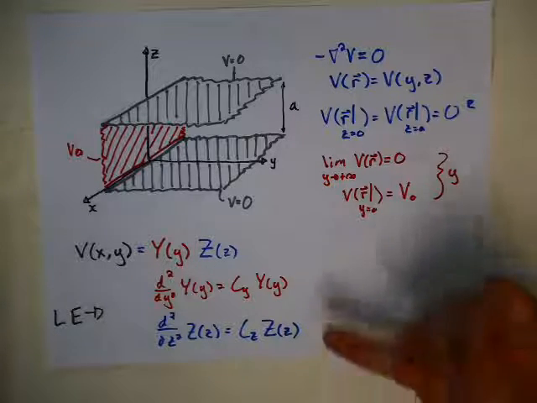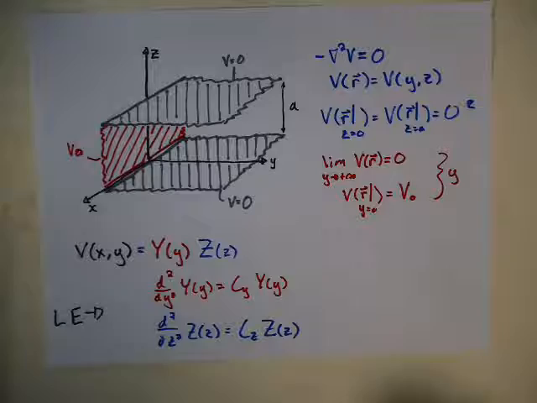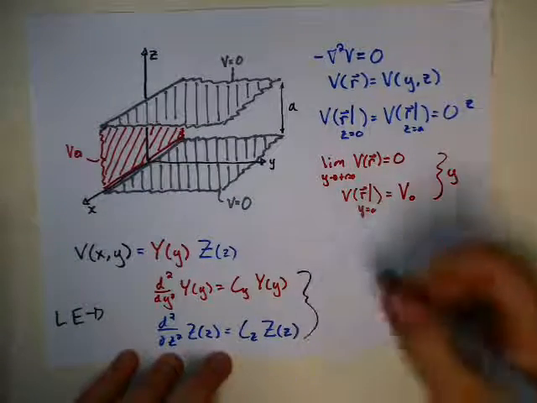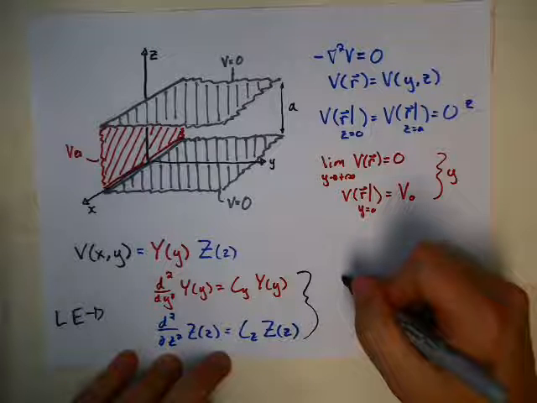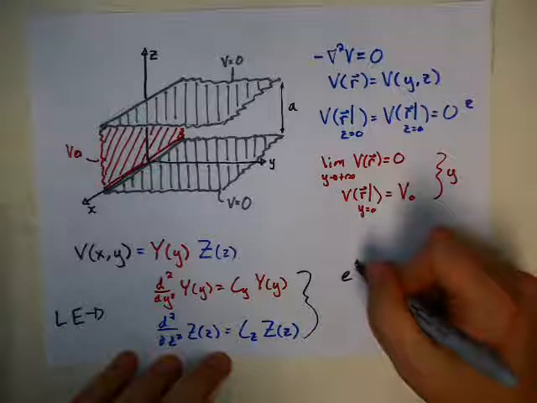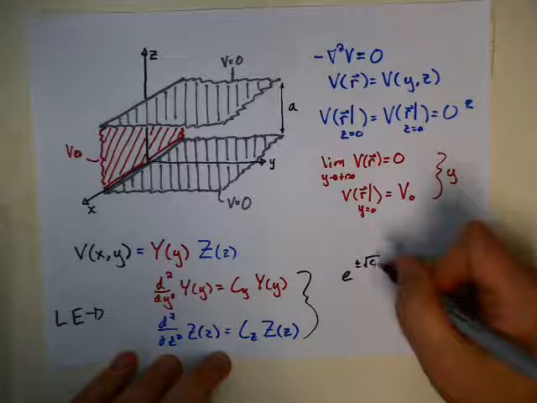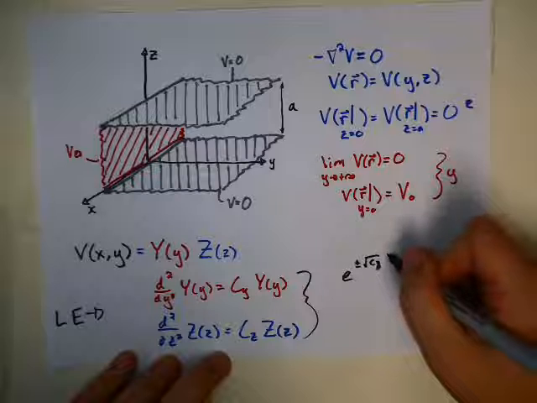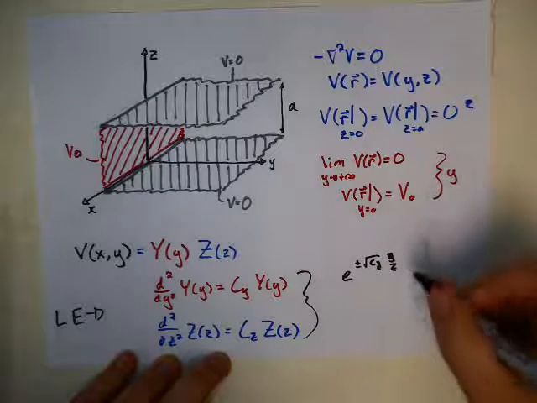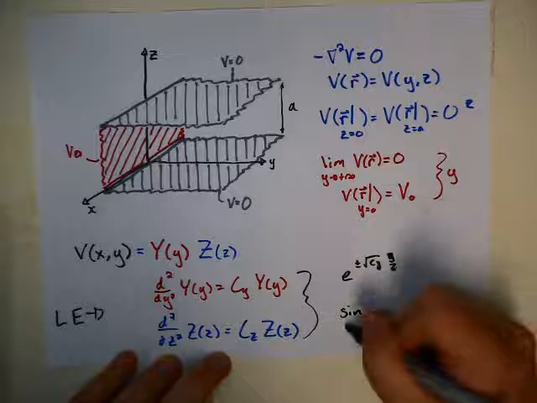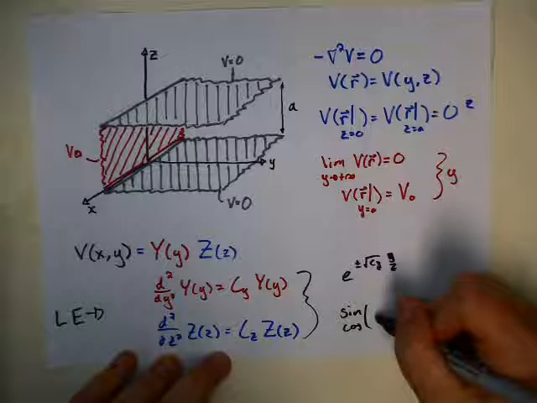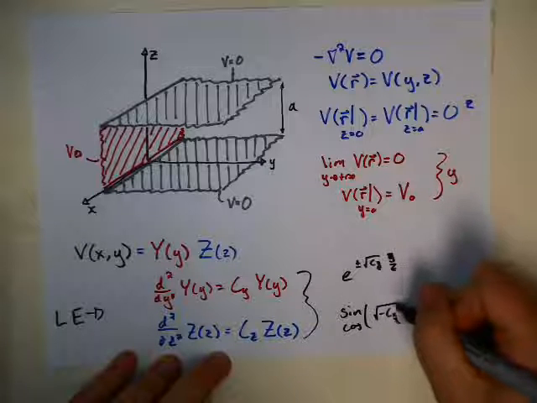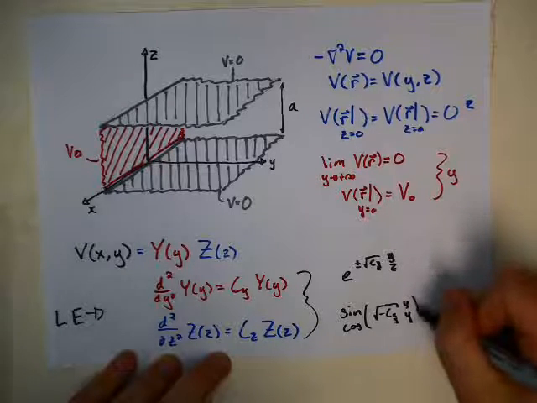Now, we know that the solutions to these two things are simply exponentials or sines and cosines. For both of these, we're going to get either exponential of plus or minus the square root of c_y or c_z times y or z, or we're going to get sine and cosine of the square root of minus c_y or minus c_z times y or z.